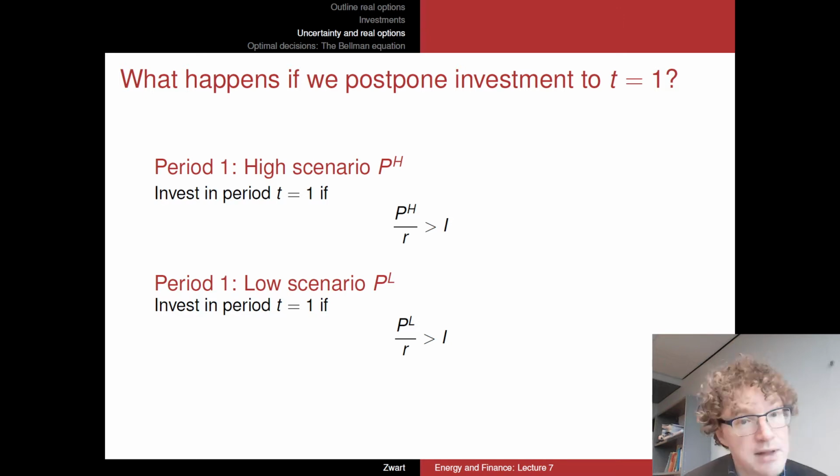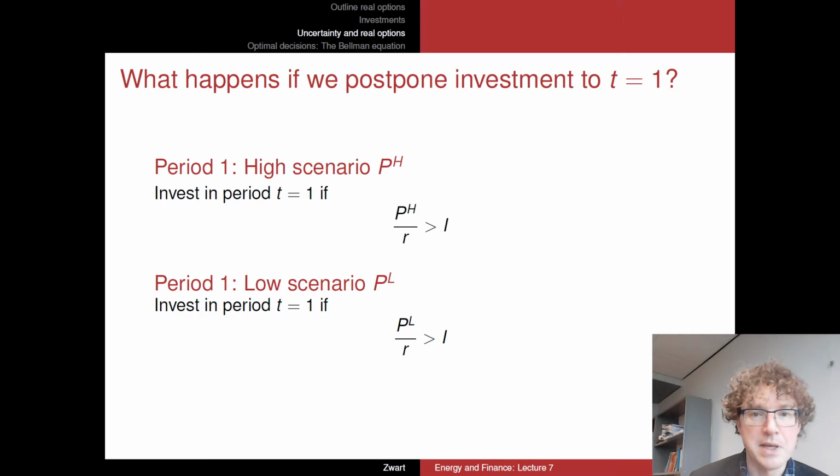And if we have waited, then of course we will invest at that moment whenever PH over R is bigger than I. So if we do not invest today but invest next year, we will invest whenever at that point in time the present value is bigger than the investment cost. And if on the other hand we end up in the low scenario, we will invest next year as long as PL divided by R is bigger than I. That will be the rule next year if we forgo investment now.